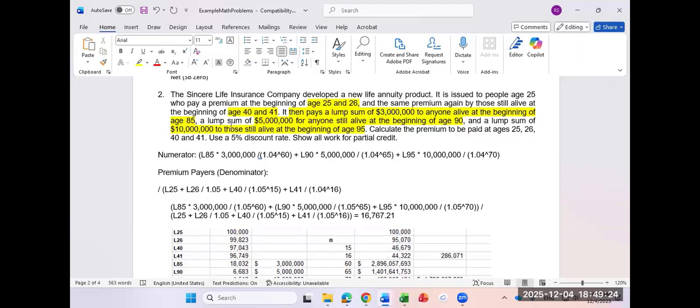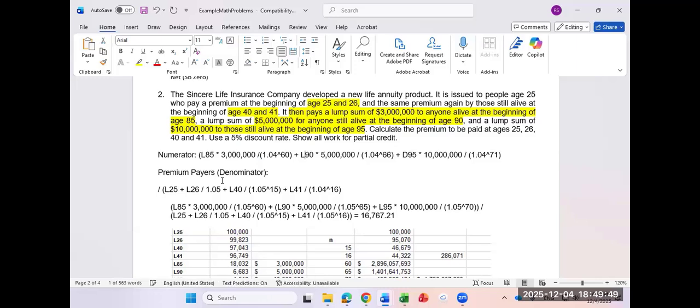What if we instead said it pays out to the people dying? What would you do then? D85 to the what? 61. D90 to the what? 66. D95 to 71. What if it said anybody alive at 85?